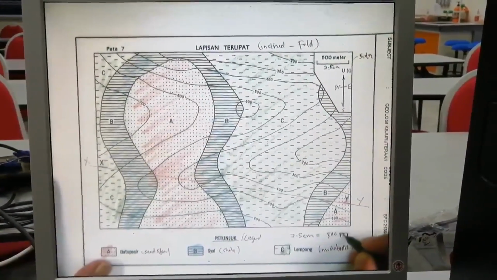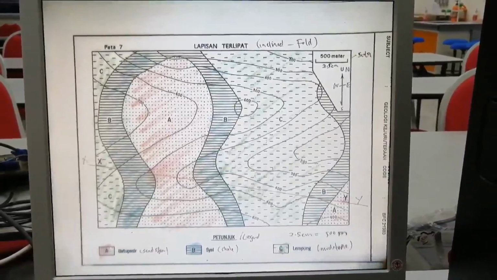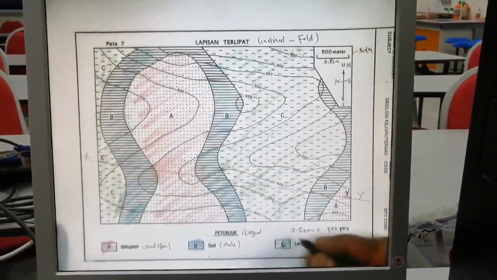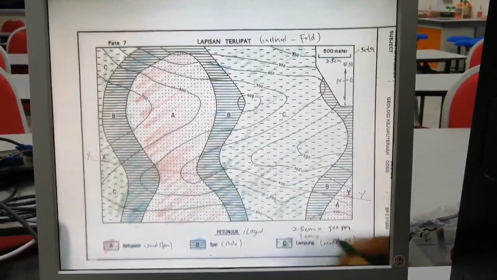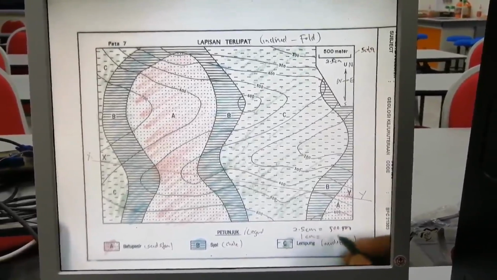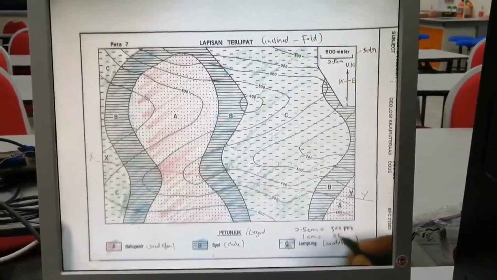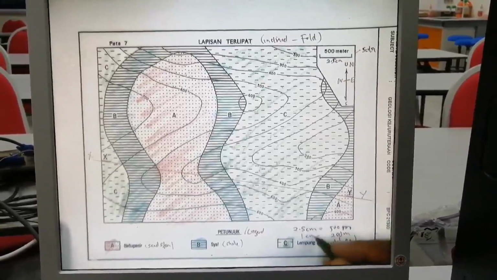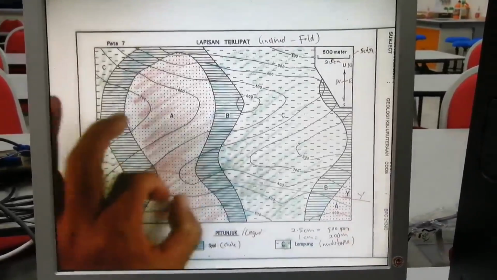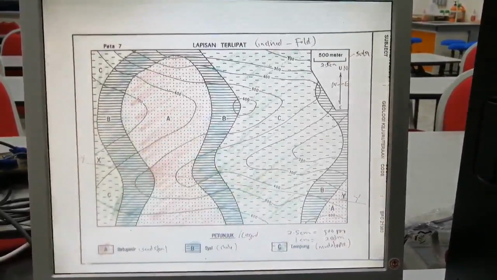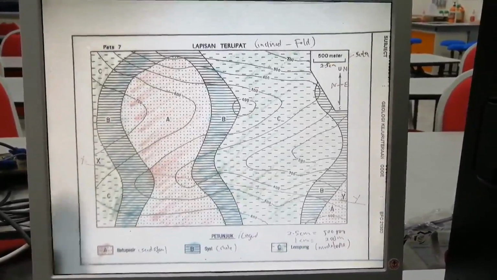So 1 cm is equivalent to 200 meters on the ground.